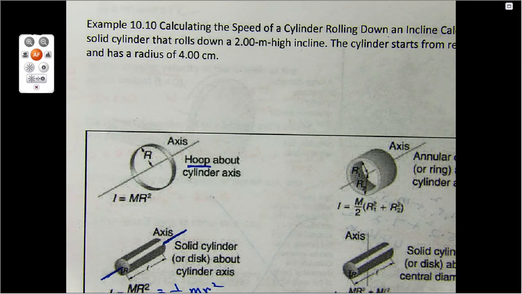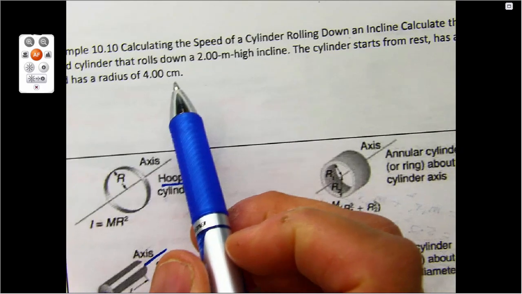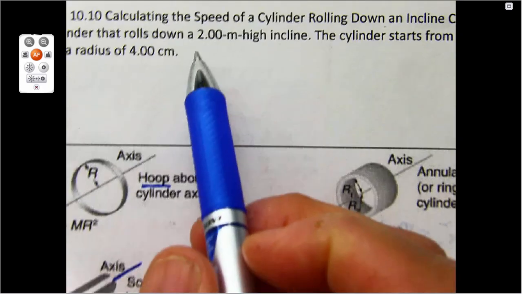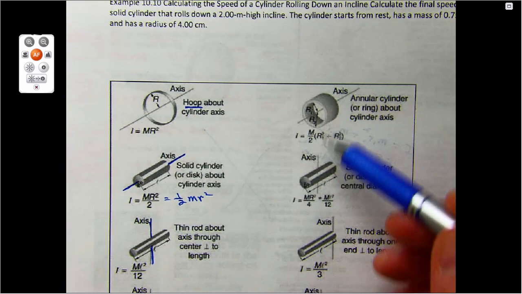First of all, if the thing's rolling, it's got some rotational motion to it, and it has some translational motion to it, right? So if something is rolling down an incline, there are two motions to that thing. So we're going to calculate, and it matters what the shape is.